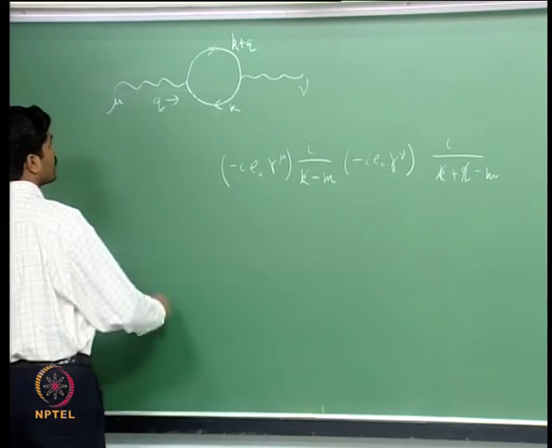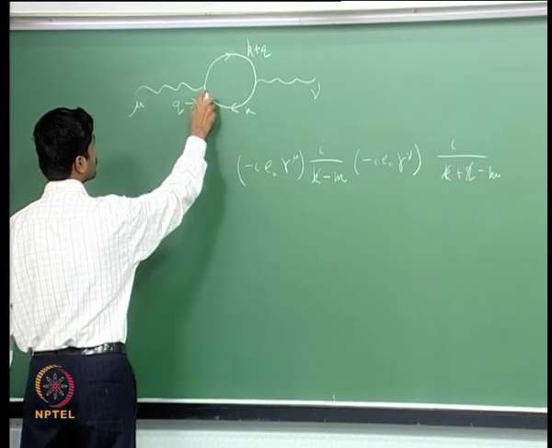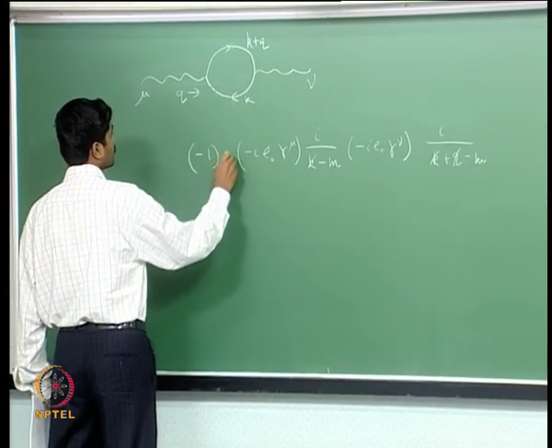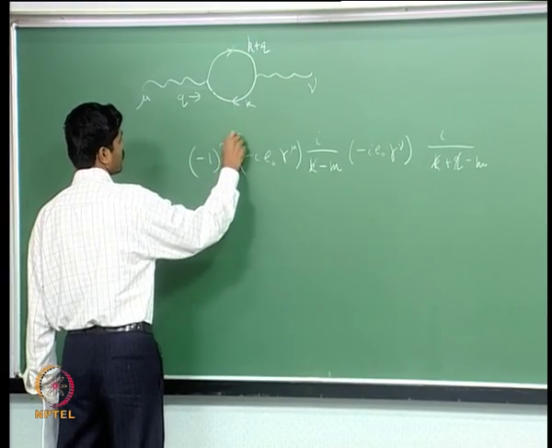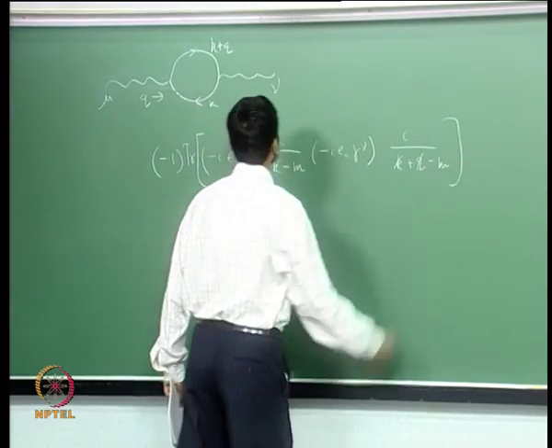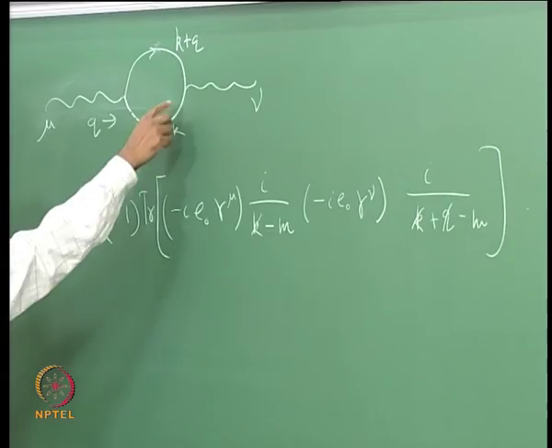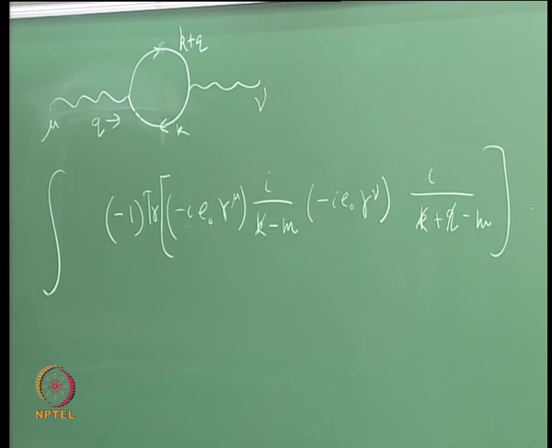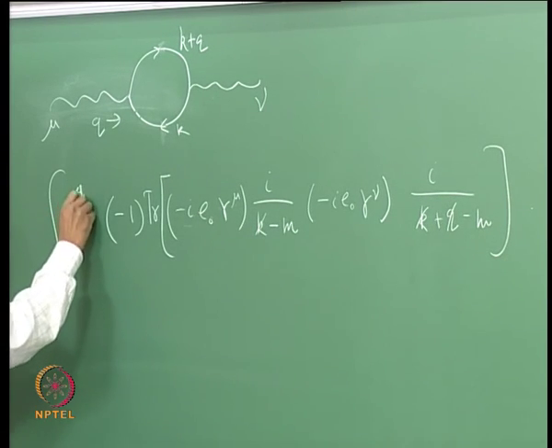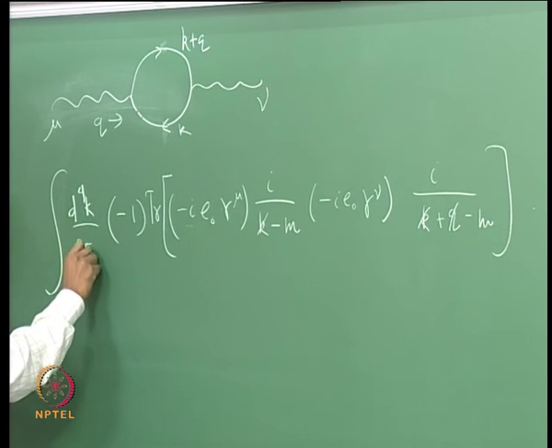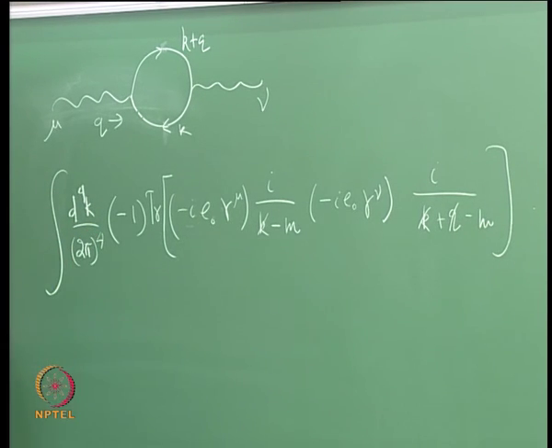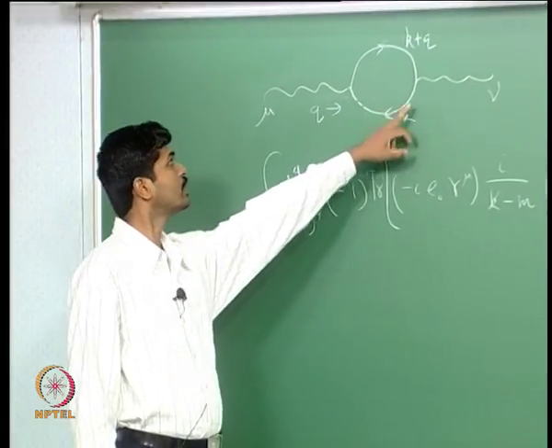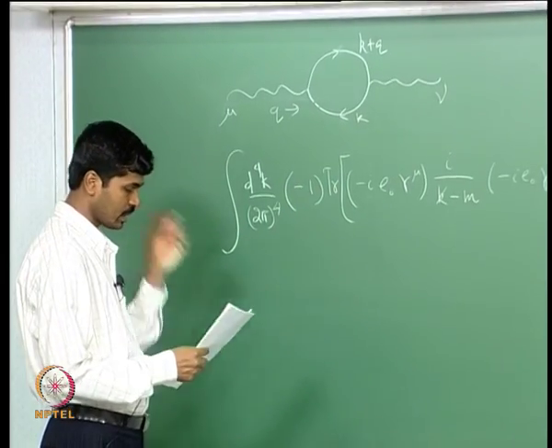There is a closed fermion loop for which you have to put a factor of minus 1, and you need to trace over this, and because there is a loop here, you have to also integrate over the loop variable k. So, you have d^4k divided by (2 pi)^4. This is what you will get from a closed fermion loop like this.